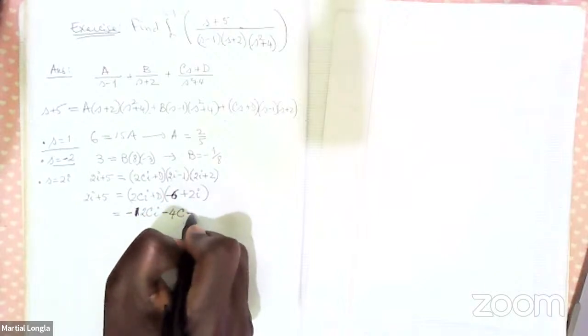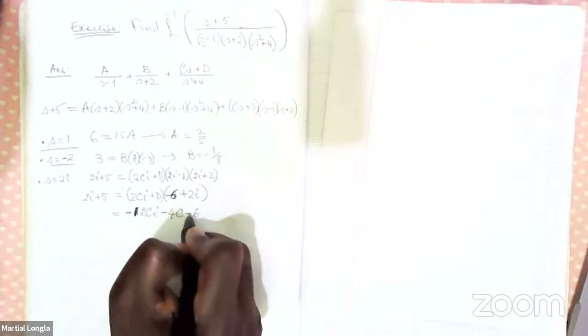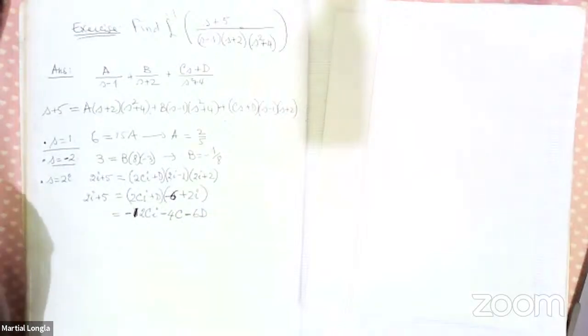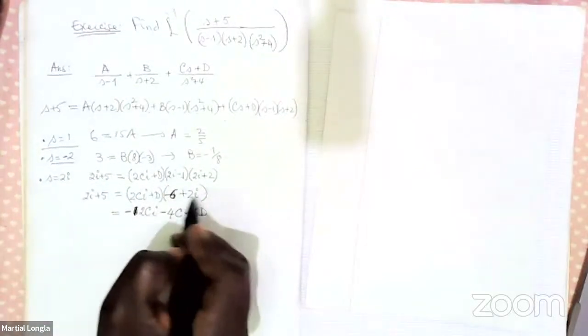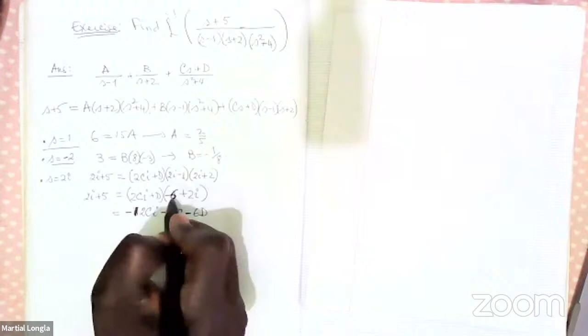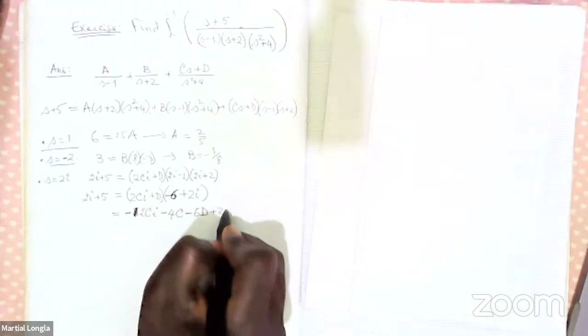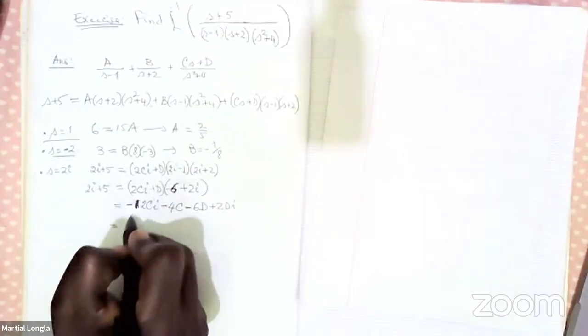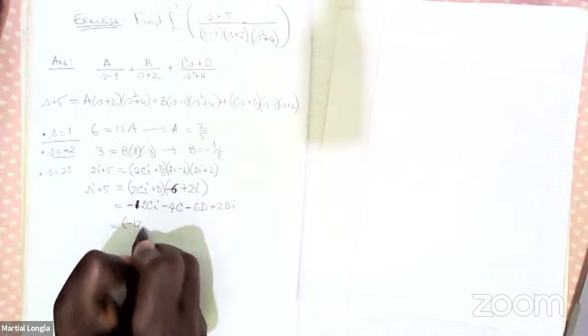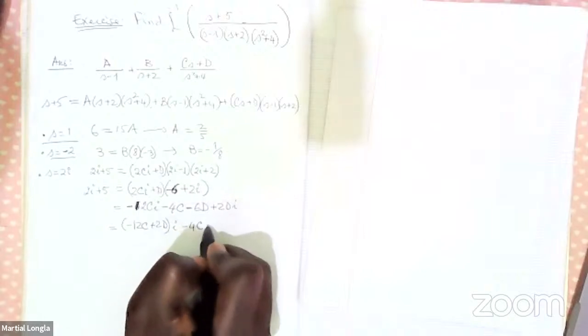And then minus 6d. See that? So minus 6d, and then we multiply here, get plus 2di. And so we can write this as negative 12c plus 2d times i, minus 4c minus 6d.